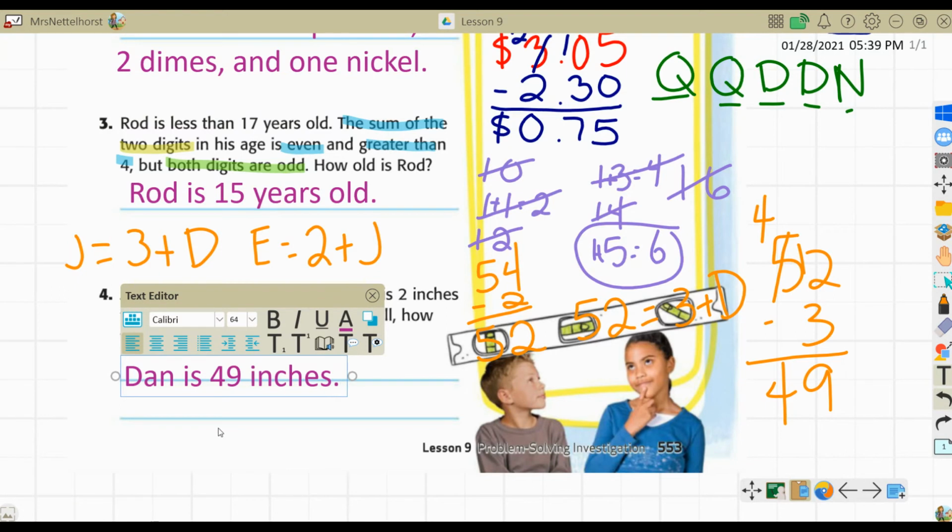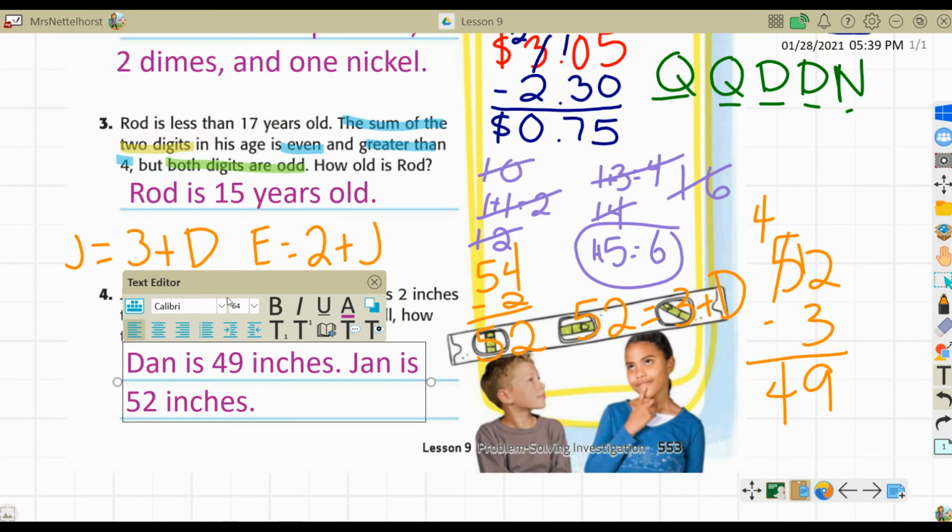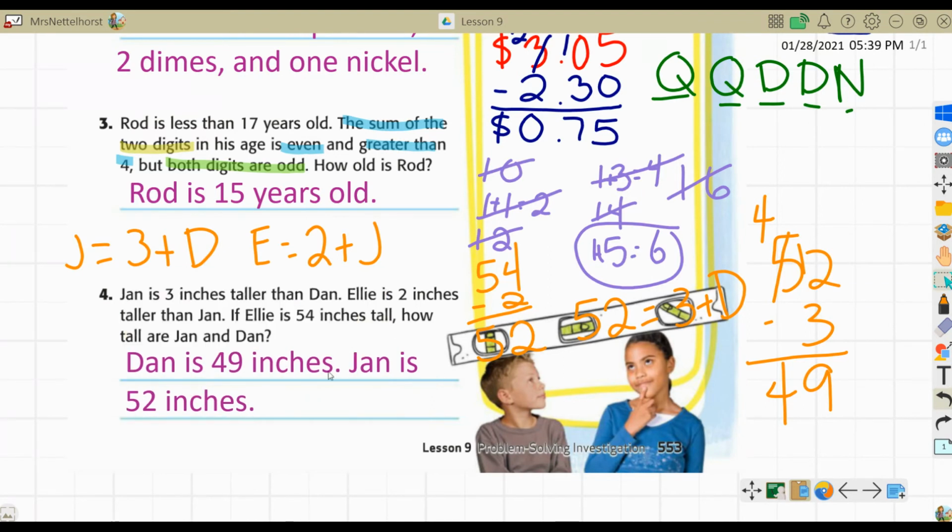Inches. Dan is 49 inches, and Jan is 52 inches. Okay, and we can plug this information in backwards to make sure that it's right. So let's do that. Okay, so back up here to my first number sentences.